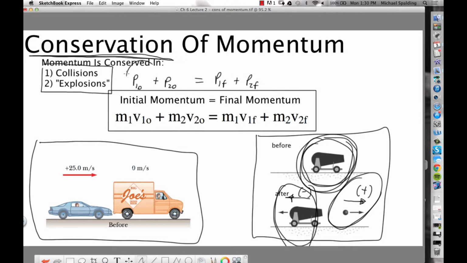Your total starting momentum equals your total ending momentum. What would momentum 1 initial be? M1 V1 initial. Momentum 2 initial? M2 V2 initial. Momentum 1 final? M1 V1 final. Are you getting this? Let's look at a problem, and then I want to show you a video.